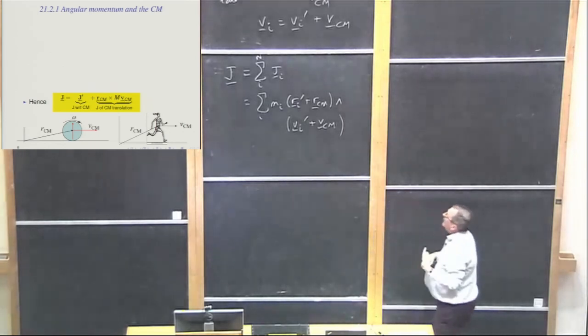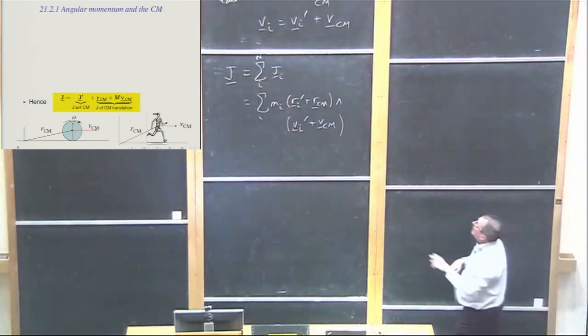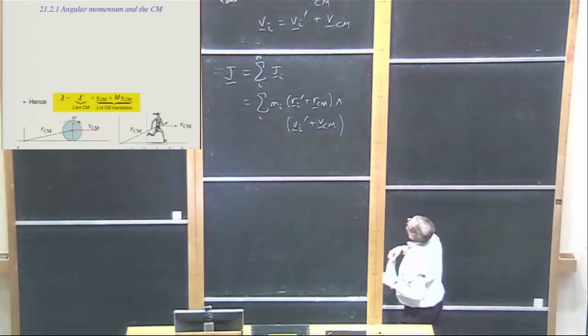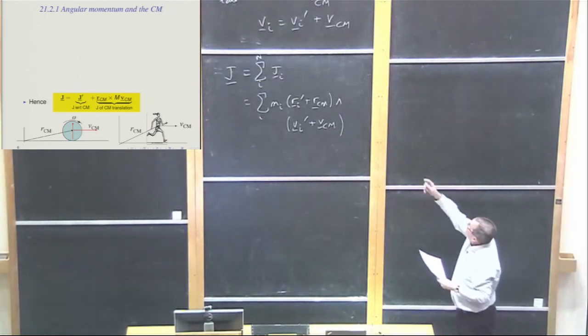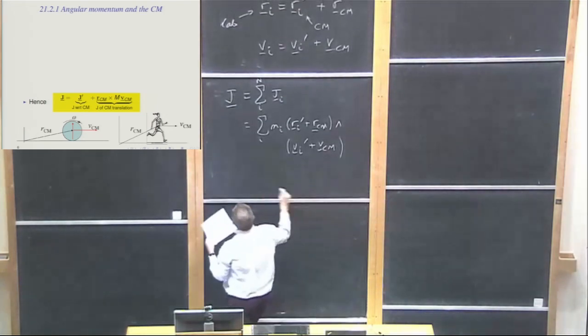That's just Ri cross Pi with this translation substituted in. So let's evaluate this.